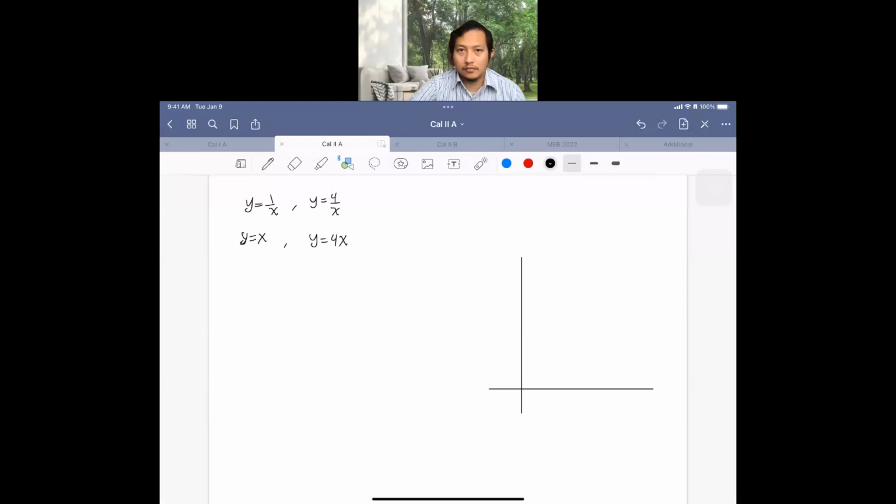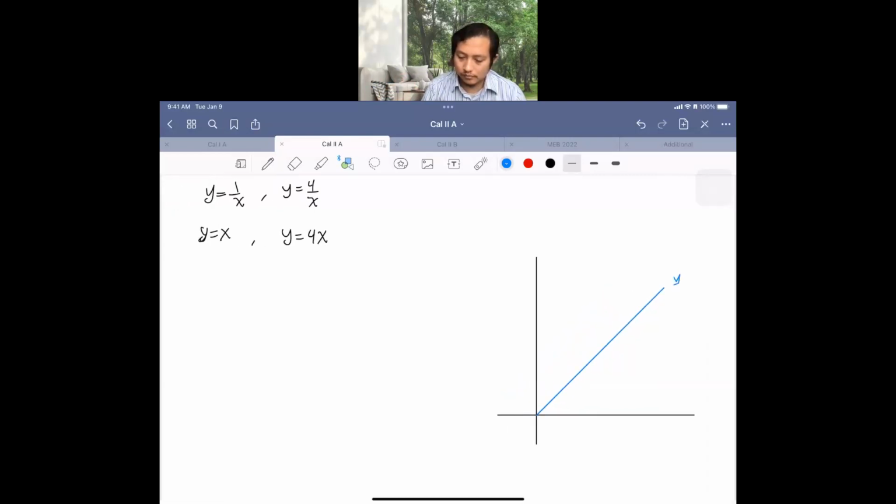First maybe the lines. So this will be y equal x. And then we have 4x, probably around here.